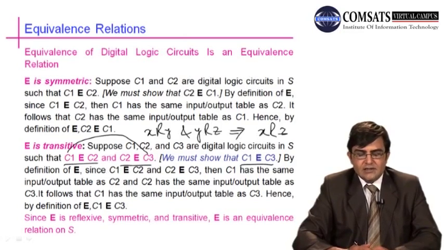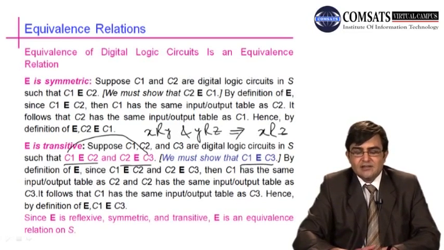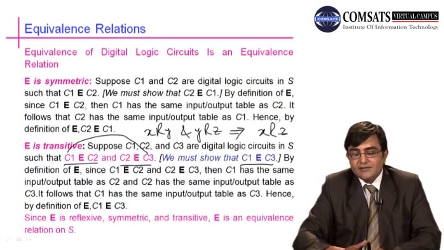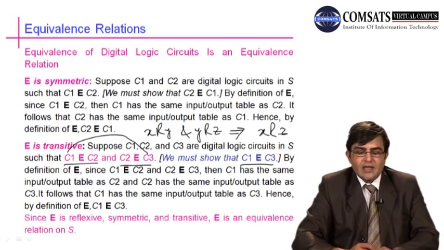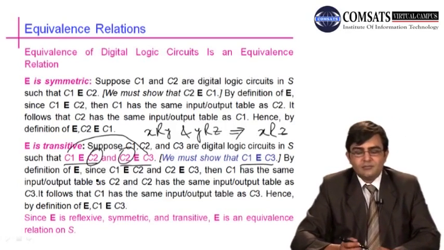By the definition of the relation which we defined on digital logic circuits, since C1 is related to C2, C1 and C2 have the same input-output table, and C2 is related to C3. If C2 and C1 have the same input-output table, then C2 and C3 also have the same input-output table. So obviously C1 and C3 have the same input-output table because C2 is common in these two relations.